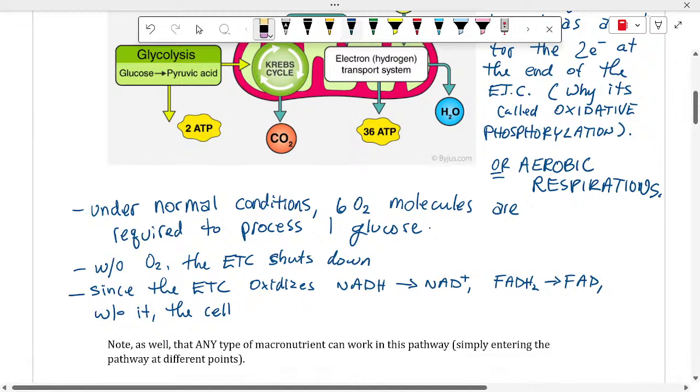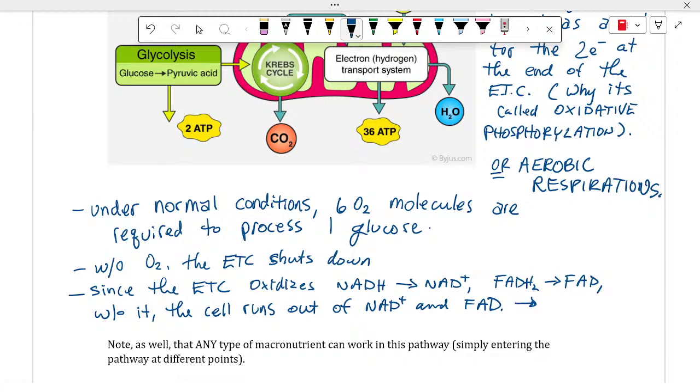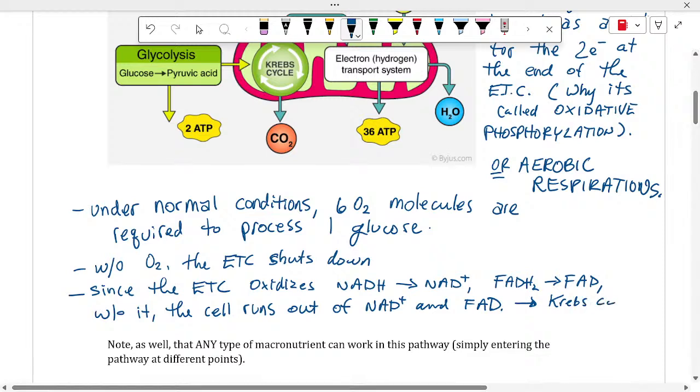I'm just going to say this is a bit of a simplification, but we'll say it runs out of NAD plus and FAD. The truth is it wouldn't run out, it would just run in low concentrations. But the upshot is, what can't run without NAD plus and FAD available? Krebs cycle. Does that make sense? So that would mean that the Krebs cycle shuts down.